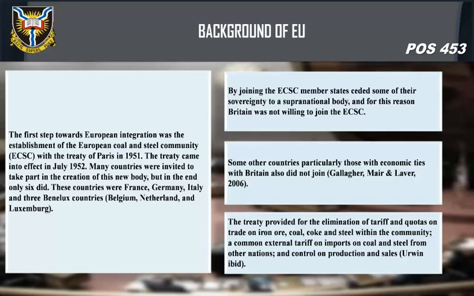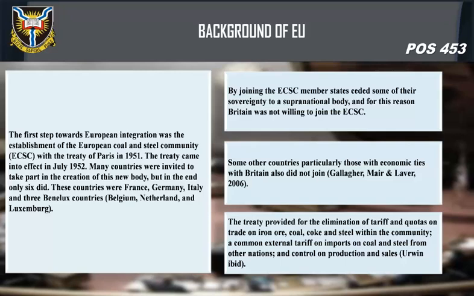By joining the ECSC, member states ceded some of their sovereignty to a supranational body, and for this reason, Britain was not willing to join the ECSC. Some other countries, particularly those with economic ties with Britain, also did not join. Gallagher, Mayer, and Lever, 2006.